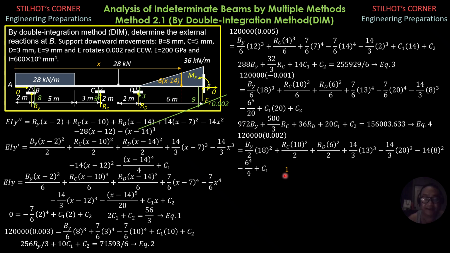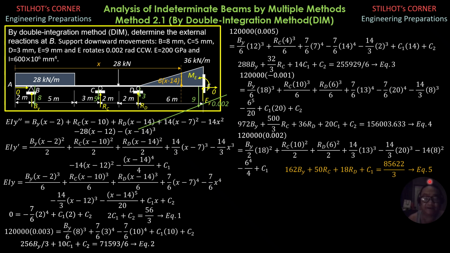Simplifying this equation, we have 162 By plus 50 Rc plus 18 Rd plus C sub 1 equals 85,622 over 3. Call that equation 5.